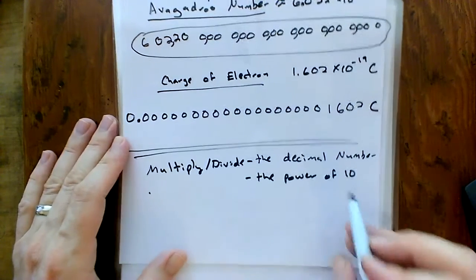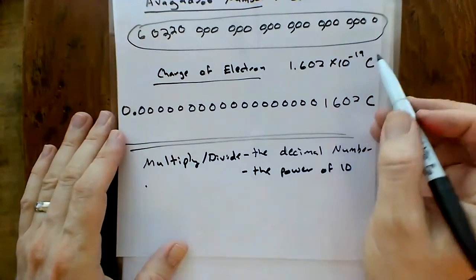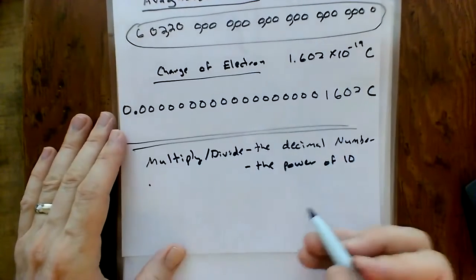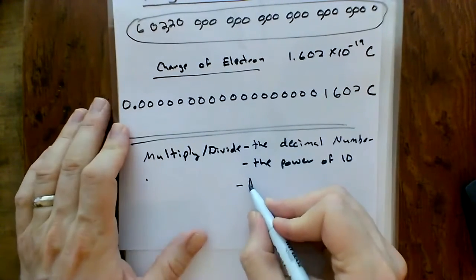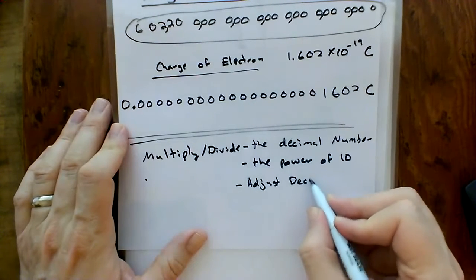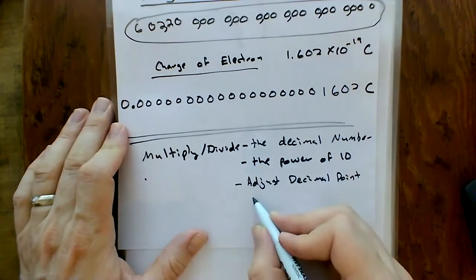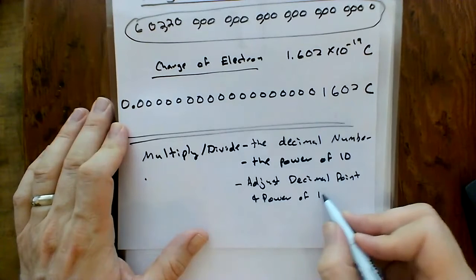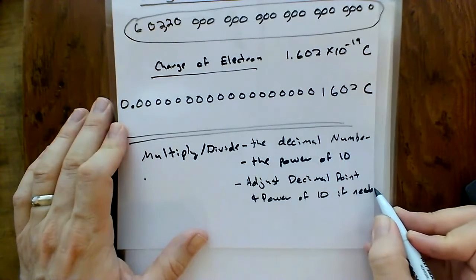Now this is usually the one place where it's okay to end up with negative exponents. The last thing that you're going to end up doing is you're going to adjust your decimal point and your power of 10 if needed. And I'll show you what that means.